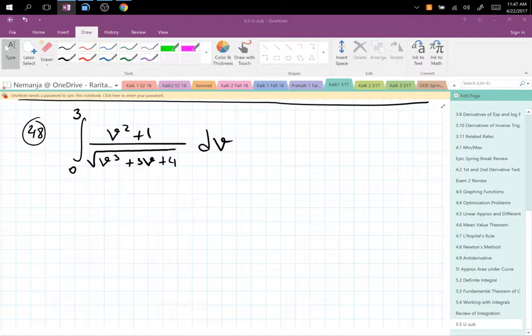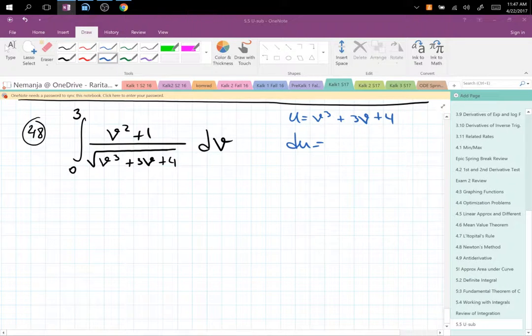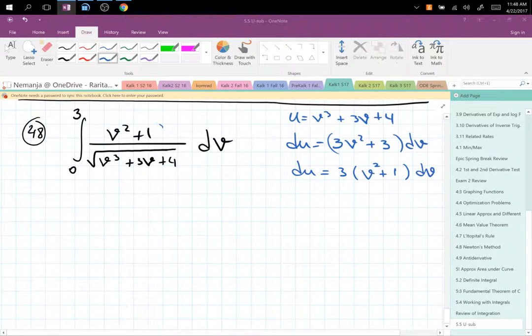So I see v cubed and then v squared, so that should be good for sub. u equals v cubed plus 3v plus 4, which means that du is going to be (3v squared plus 3) dv. And if I factor out 3, I have v squared plus 1, which is exactly what I have on top. So v squared and dv.